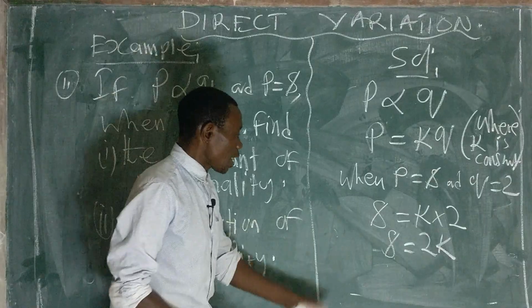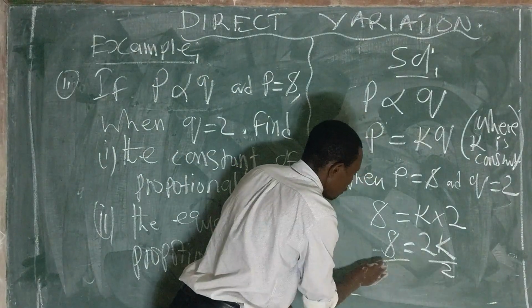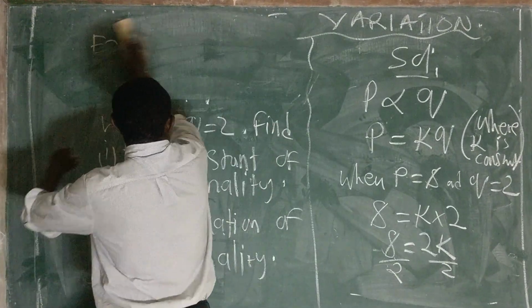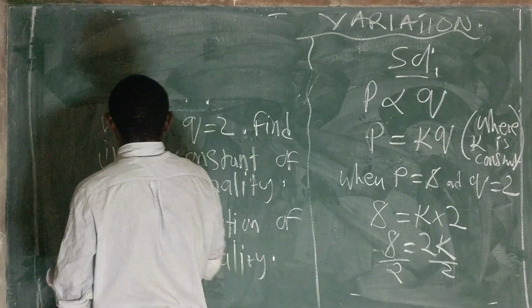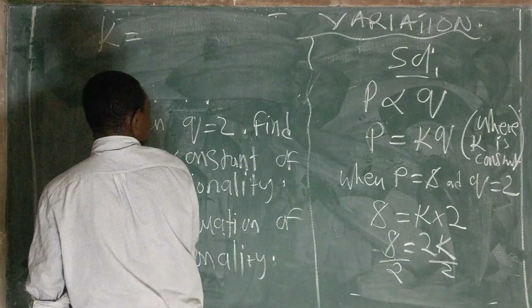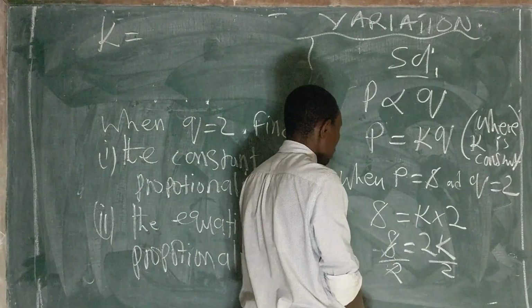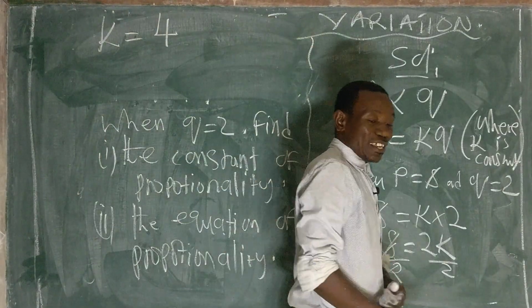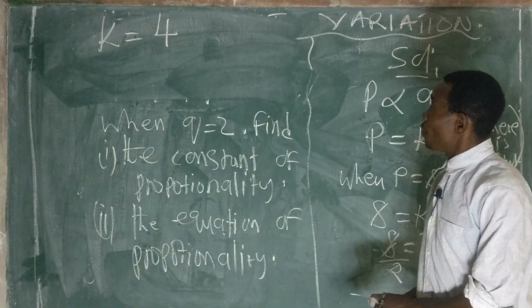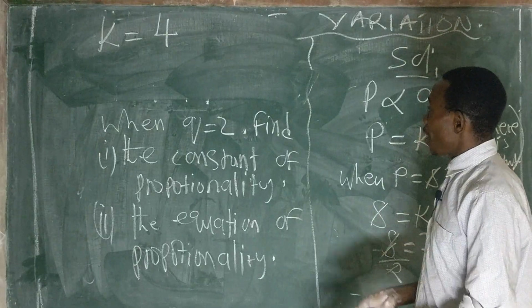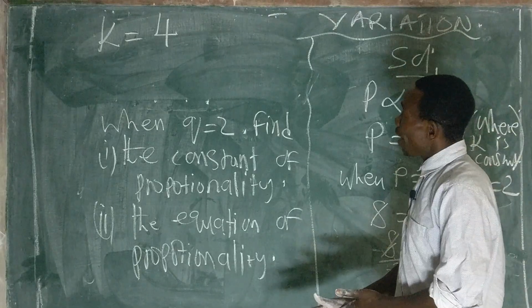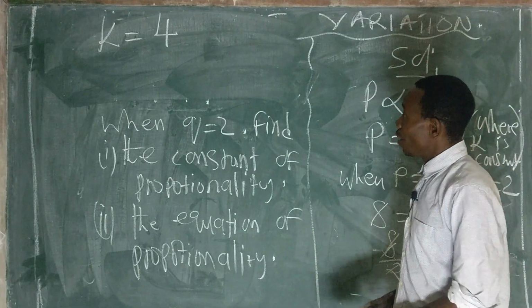To find the constant K, you divide by 2, you divide by 2, and at the very end, you find that we have got a constant which is equal to 4. Right. So in this process of the change between Q and P, this is determined by a constant K, which is equal to 4.